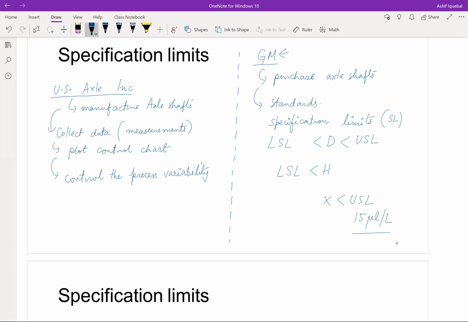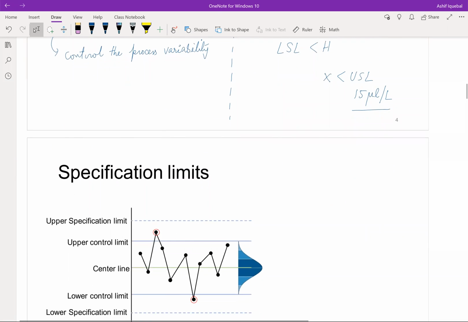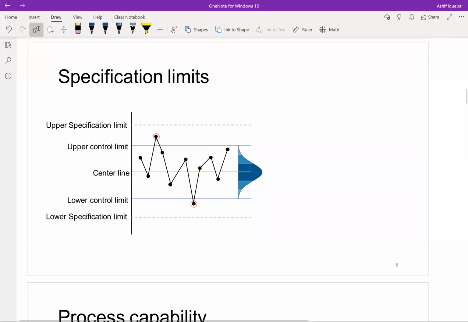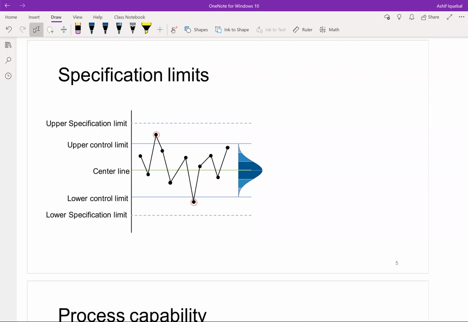So let's put this down a little bit more specifically. We already know what the center line is, what the upper control limit is, and what the lower control limit is. Now, the upper control limit and lower control limit are typically set by collecting data.